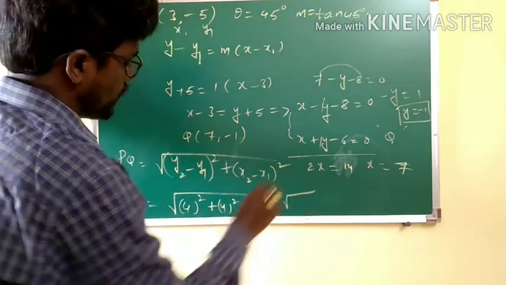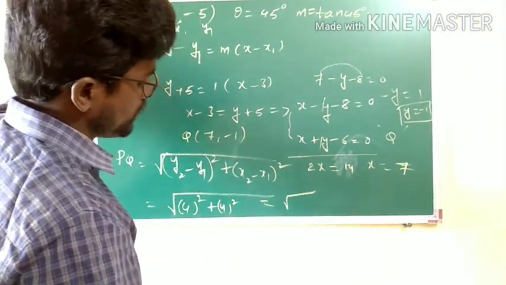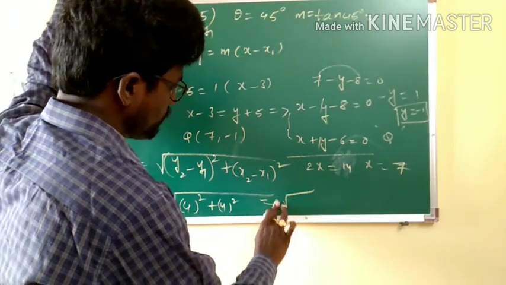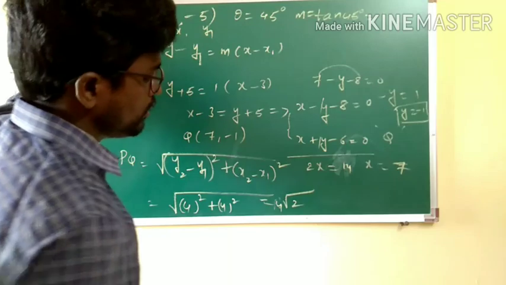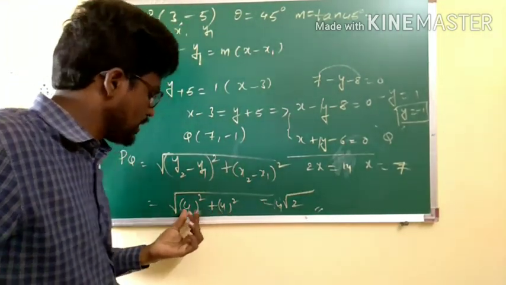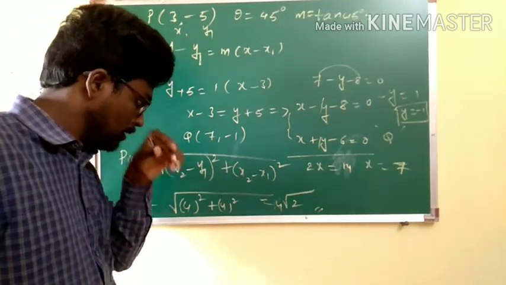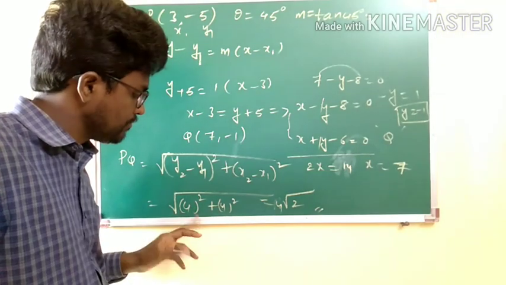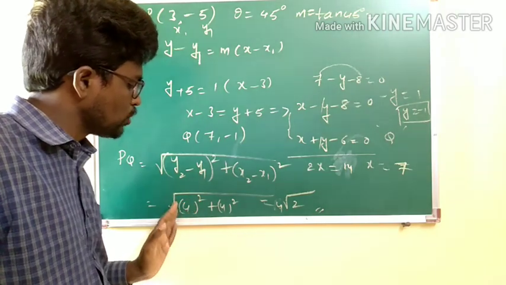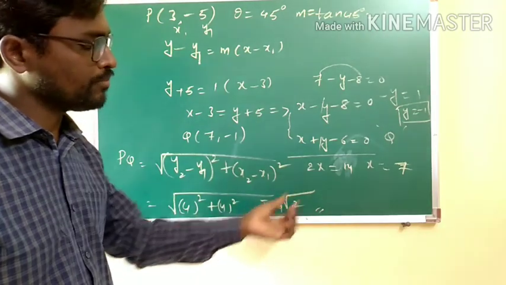So you get the square root of 16 plus 16, which is 32. 32 can be written as 16 into 2, so that is 4 root 2.